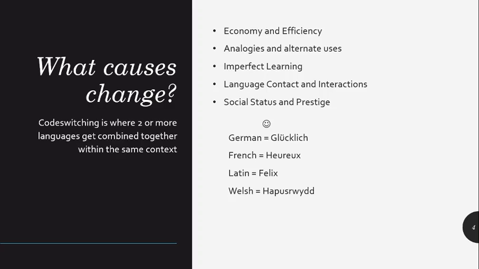And of course, it has social statuses and prestige tied in with a lot of different languages in general. Specifically for this class, we've talked a lot about the hegemony of English and the prestige that comes with English as well. That was a big demand and a big driver for shifts in the English language and language as a whole.